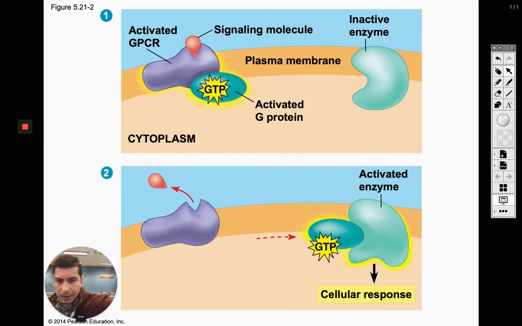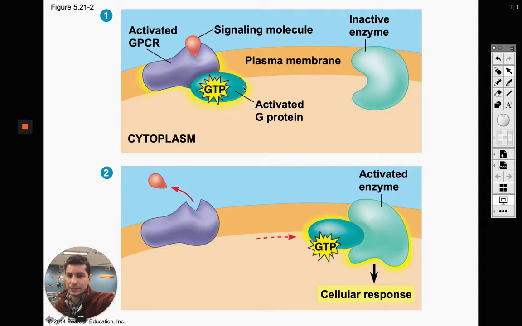So here's a picture of the G-coupled protein receptor. So once again, we're still going to have our signaling molecule coming in, bonding to our protein. We need to bring GTP in. Okay? Once we bring the GTP into this other protein, whatever message that GPCR protein is trying to convey, it's going to deliver that message to our G protein here, and then that protein is going to take it somewhere else.